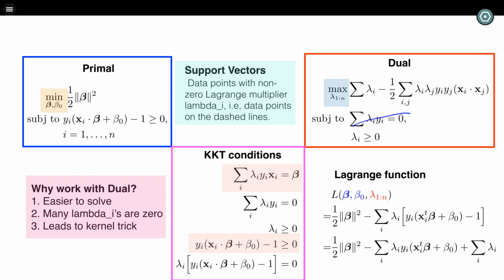And the second property about the dual problem is, although we have lambda 1 through lambda n parameters, most of them are going to be 0.